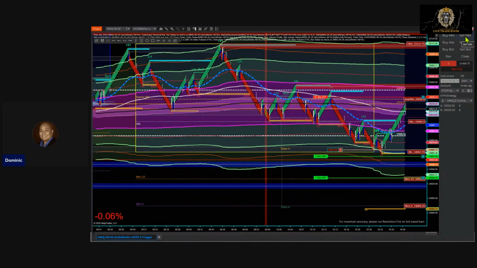Bouncing off the POC. Come on, guys. Where are all the sellers at?